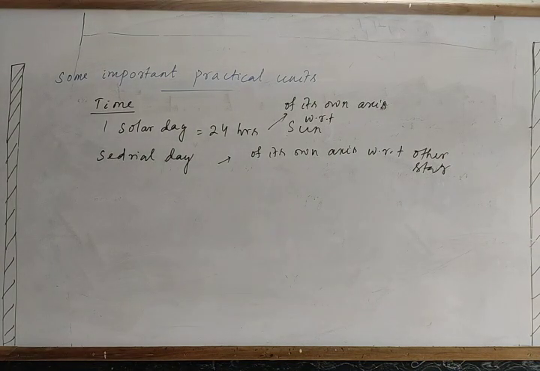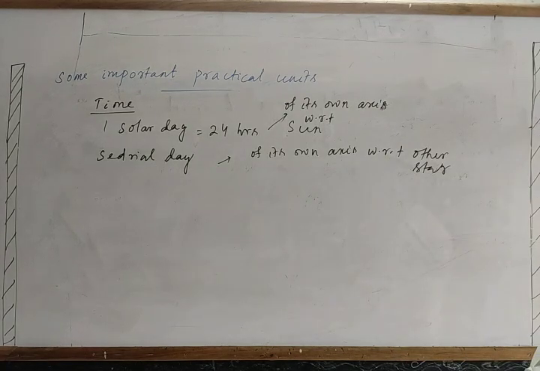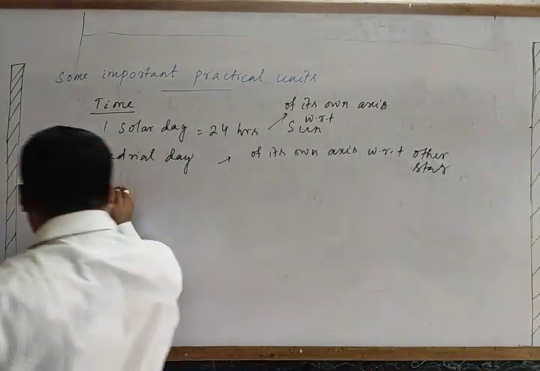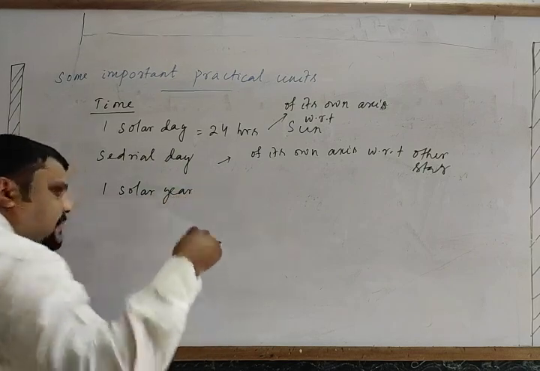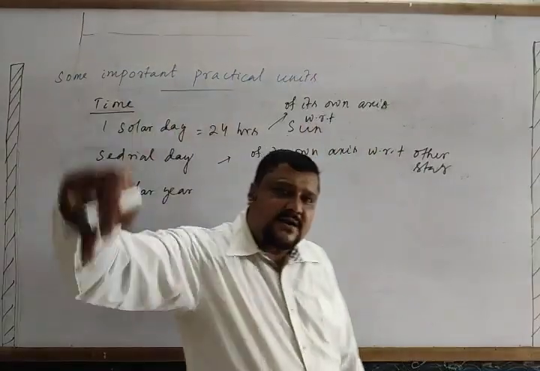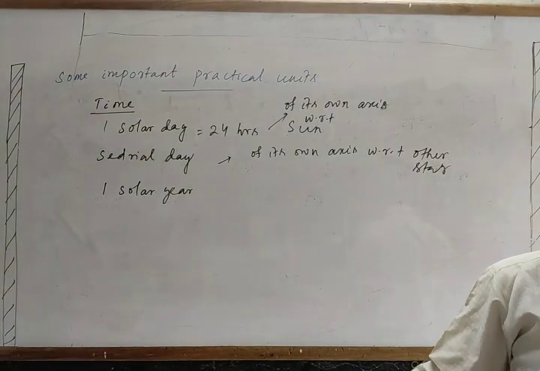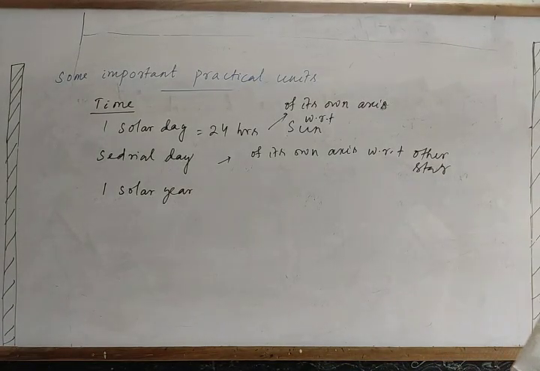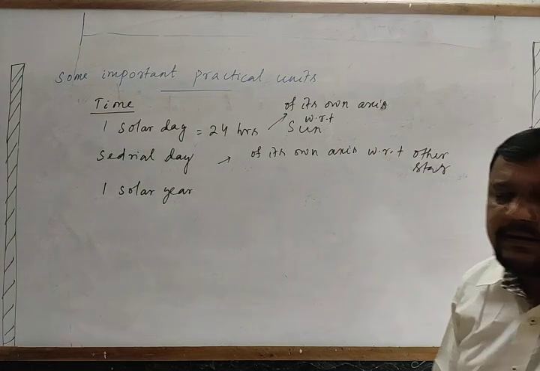Okay. Then solar year. What is the solar year? The solar year is the time taken by the earth to complete one revolution around the sun.